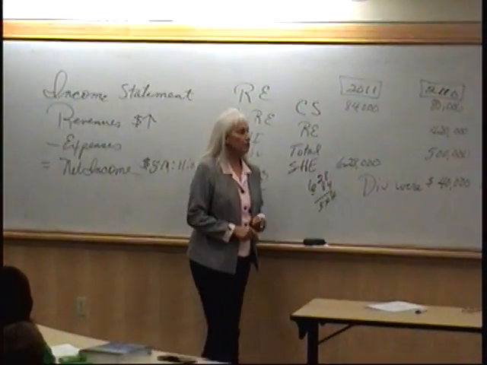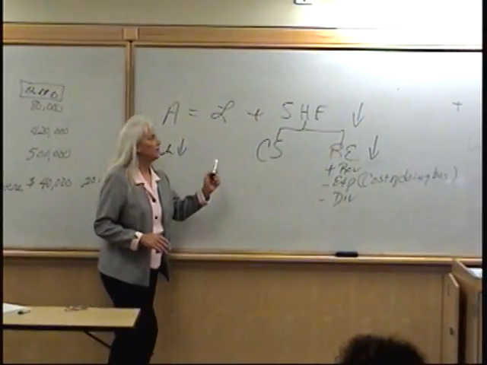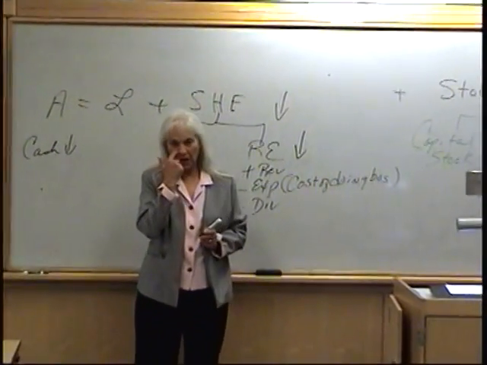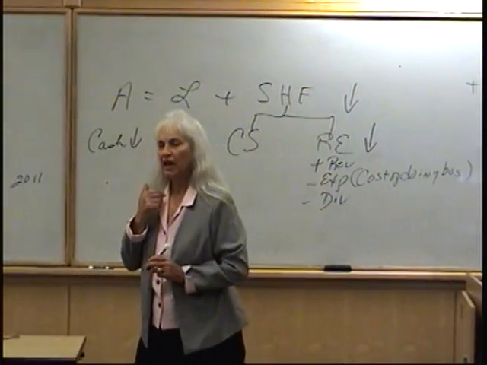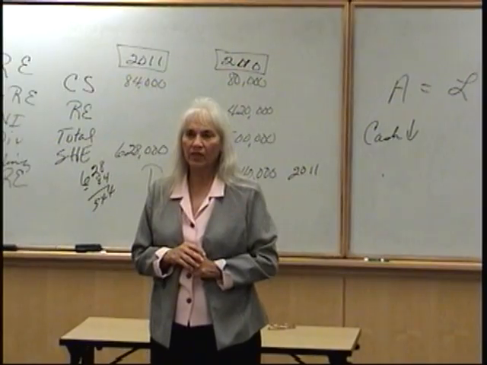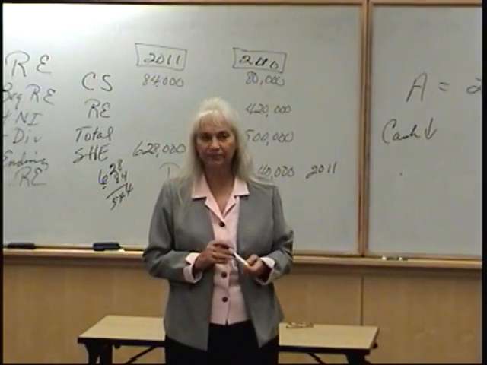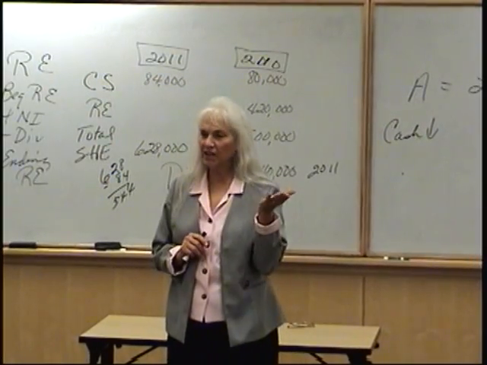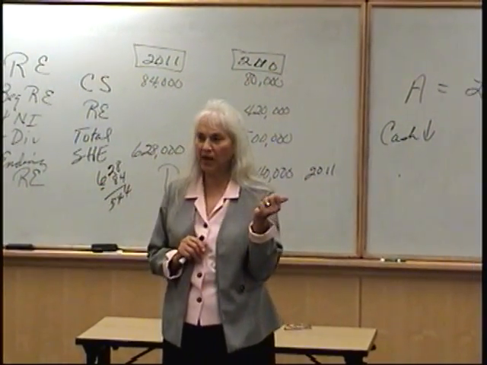Expenses, if you pay for them in cash, then assets go down and stockholders' equity goes down. Now, let's say that you got your utility bill today, so you got utility expense, but you really don't have the cash, so you're going to pay it next month.